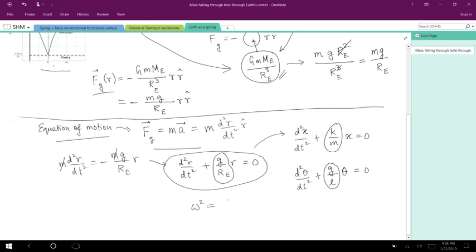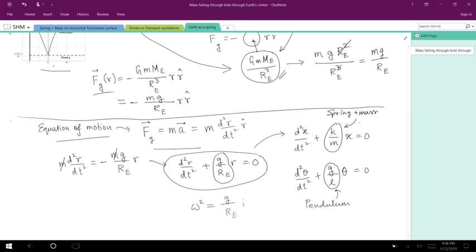So in this case, omega squared is g over R_e. In the case of the pendulum, the omega squared was g over L. And then for the spring plus mass system, the omega squared, or angular frequency squared, was k over m.